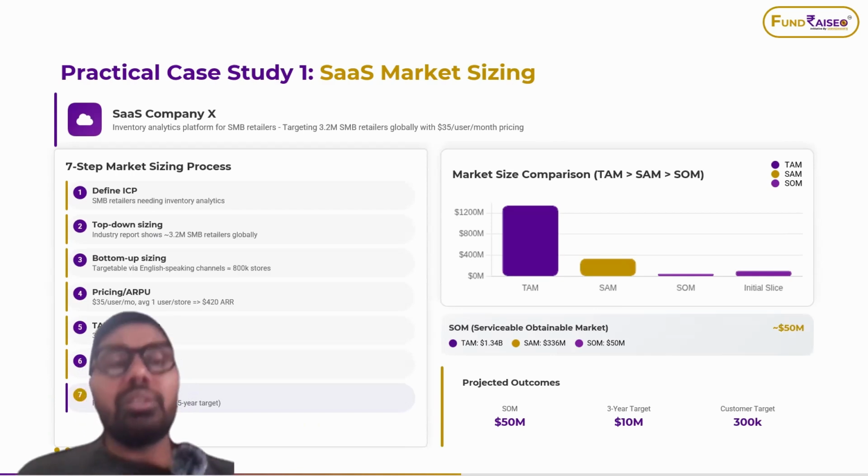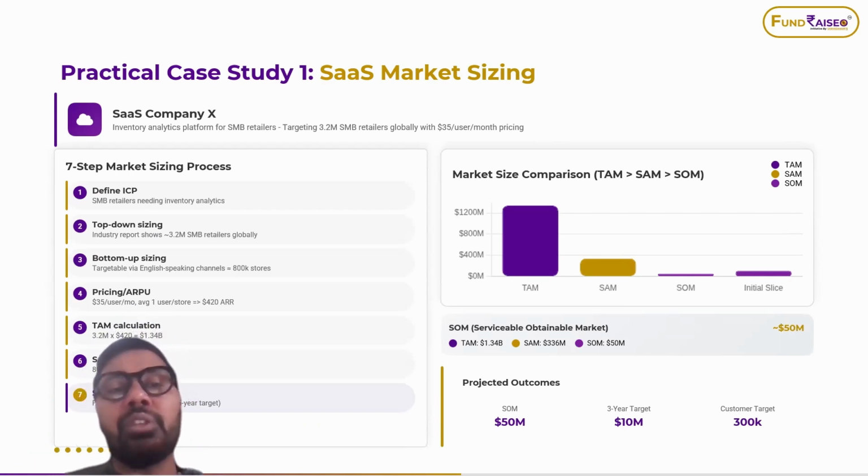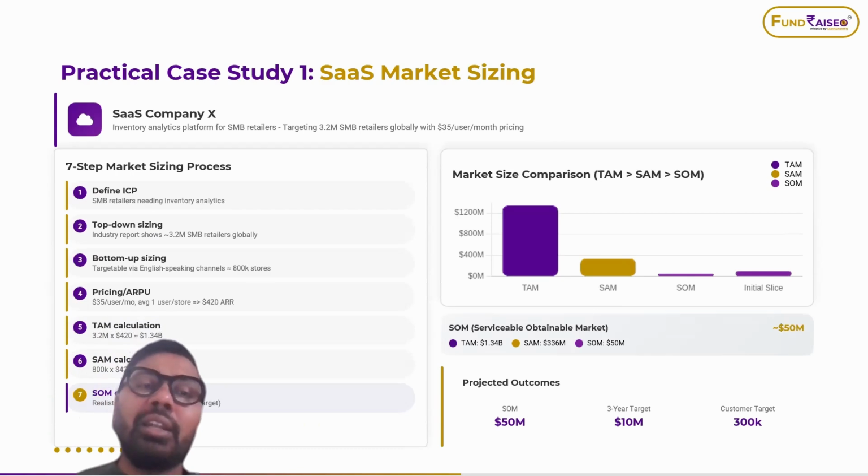What we realized was that it was around 25% of the overall addressable market. So it came down to about 800,000 stores. Now, pricing, my client had already decided at about $35 per user per month. And we assumed that there will be at least one user per store who will be using the solution.